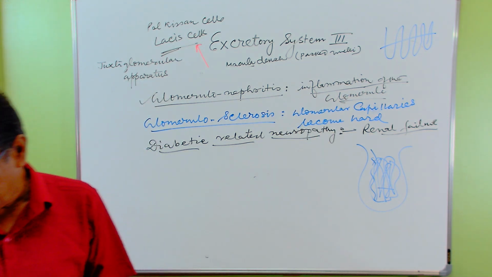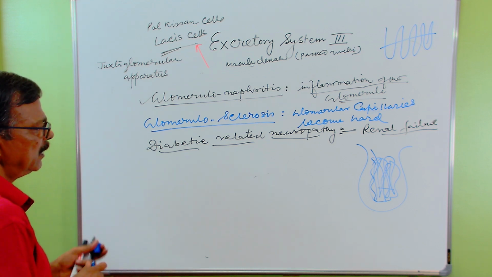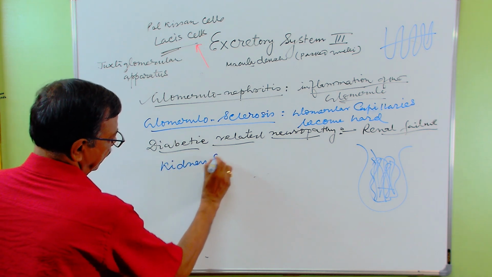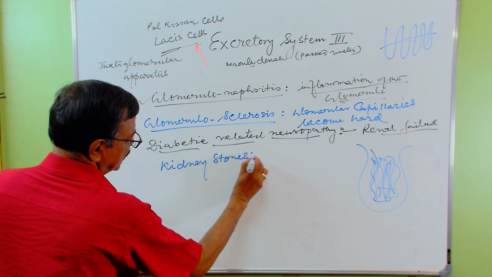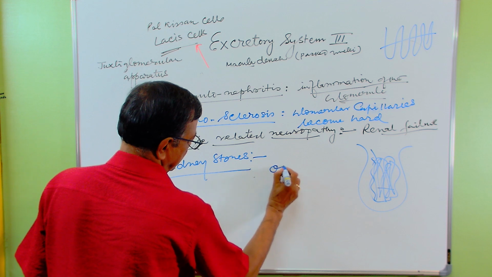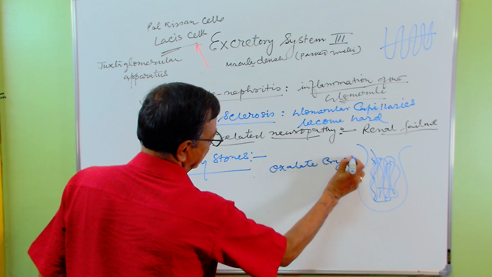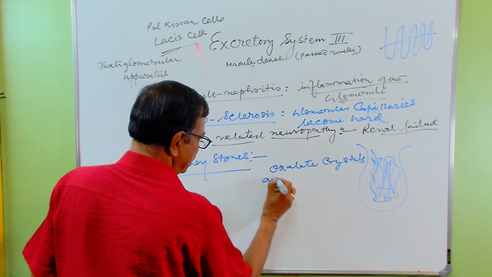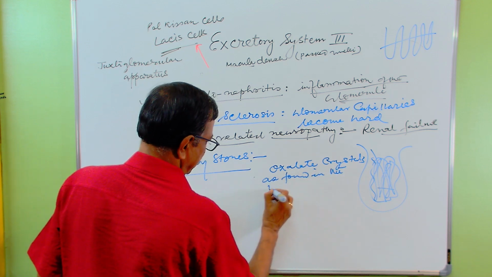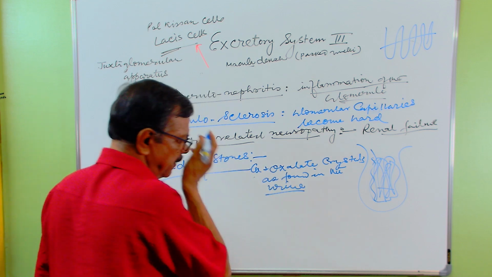These are the 3 or 4 diseases, and sometimes we have heard of kidney stones. Kidney stones are actually oxalate crystals found in the urine, if the urine has calcium oxalate, for example.